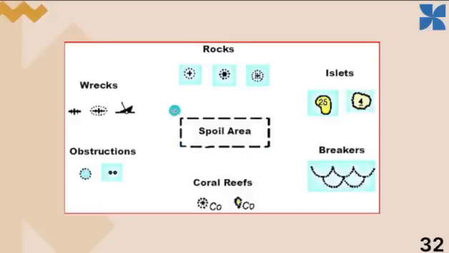With these images, you can easily distinguish hazard symbols.